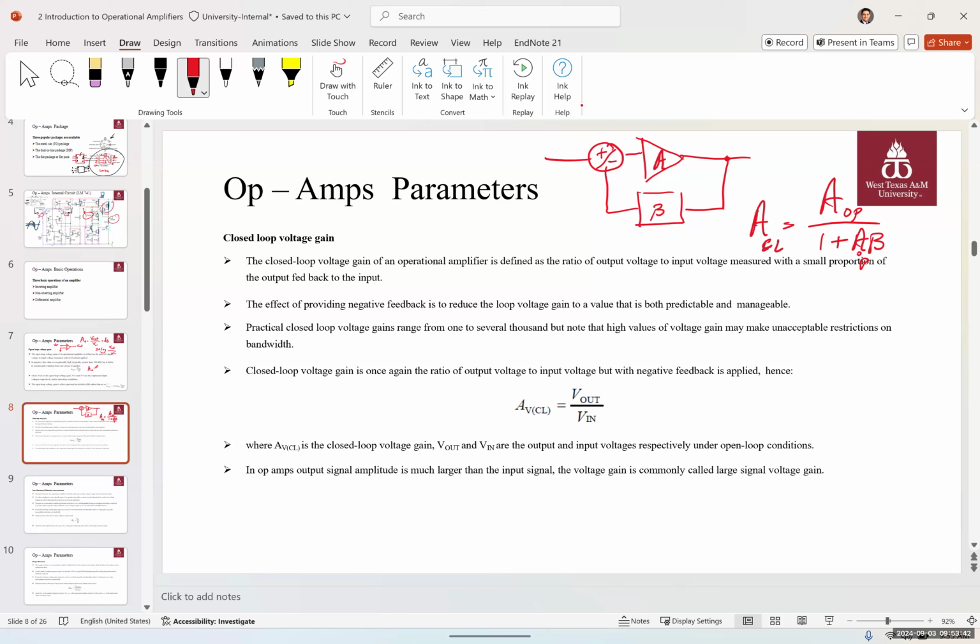And I'll show you how we can control the output gain. But in an open loop system, we had no control over the output. For a closed loop, you can easily control it with a potentiometer. So the total gain for a closed loop would be V output to V input. And this is the V output of the system, and this is the V input.